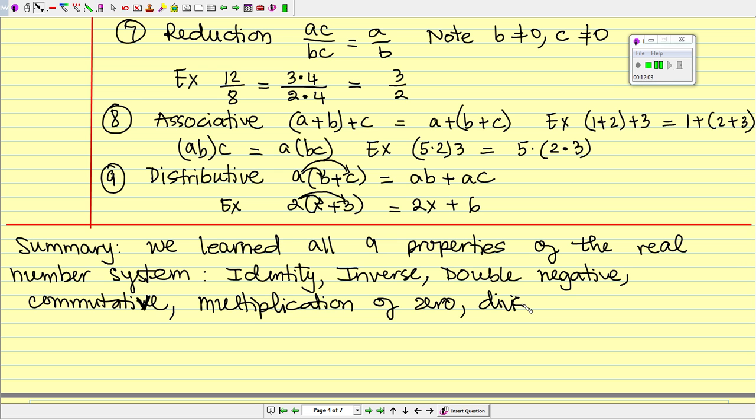And then division. Reduction. Associative. And distributive property.